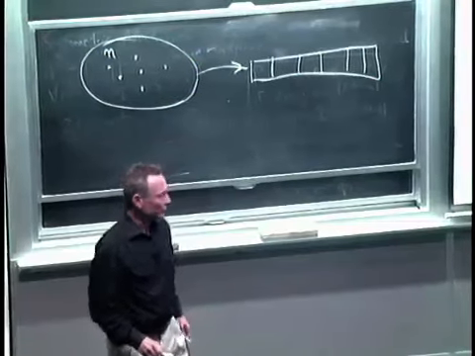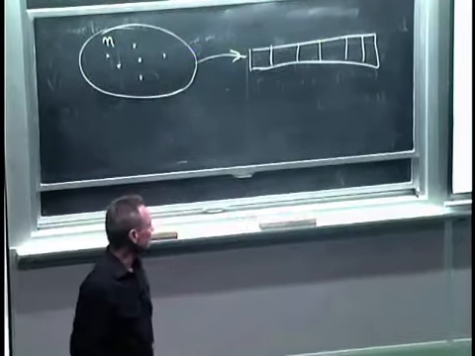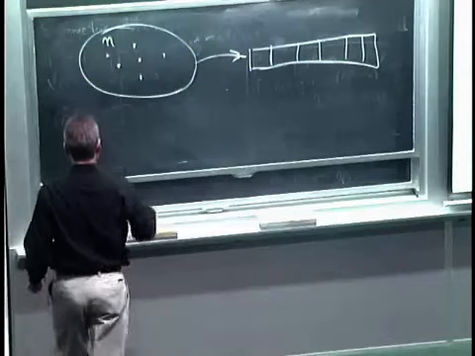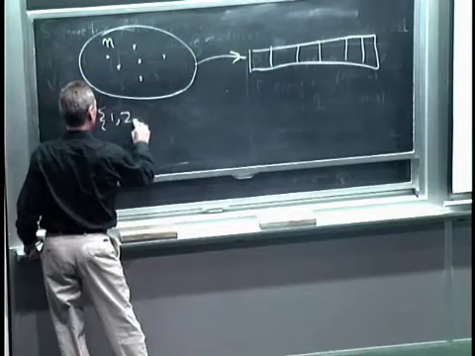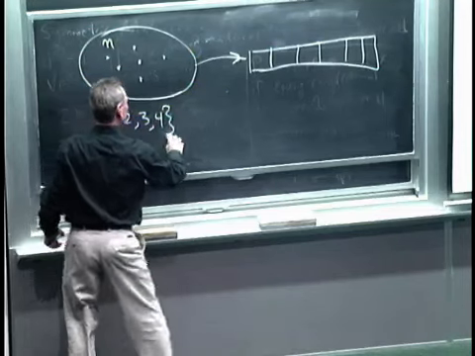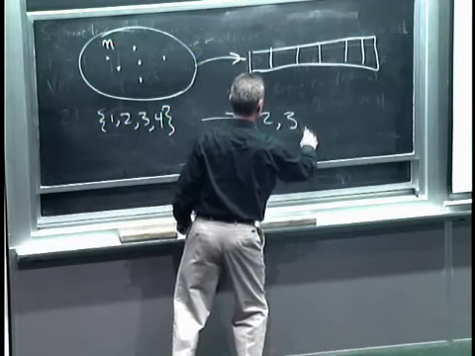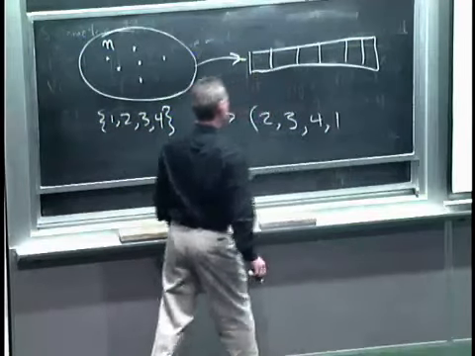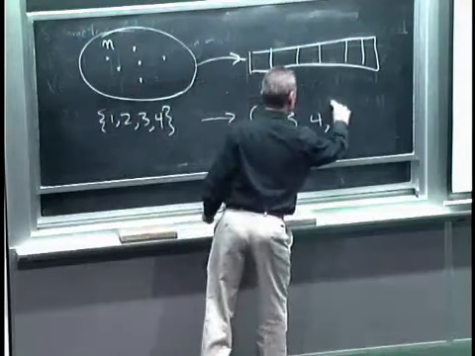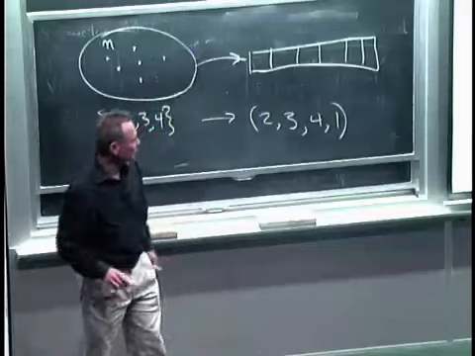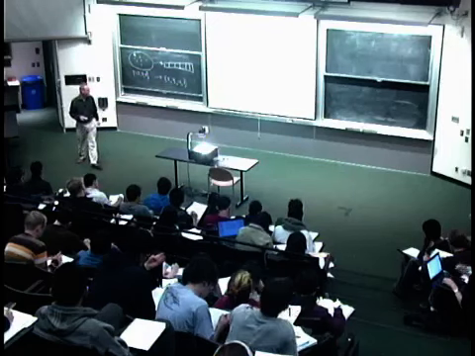Any possible ordering of those elements is called a permutation. So, for example, if we have the set 1, 2, 3, 4, a possible permutation is the list 2, 1, 3, 4, 1. That's one possible permutation. And there's lots of possible permutations. Of course, the question is how many are there?